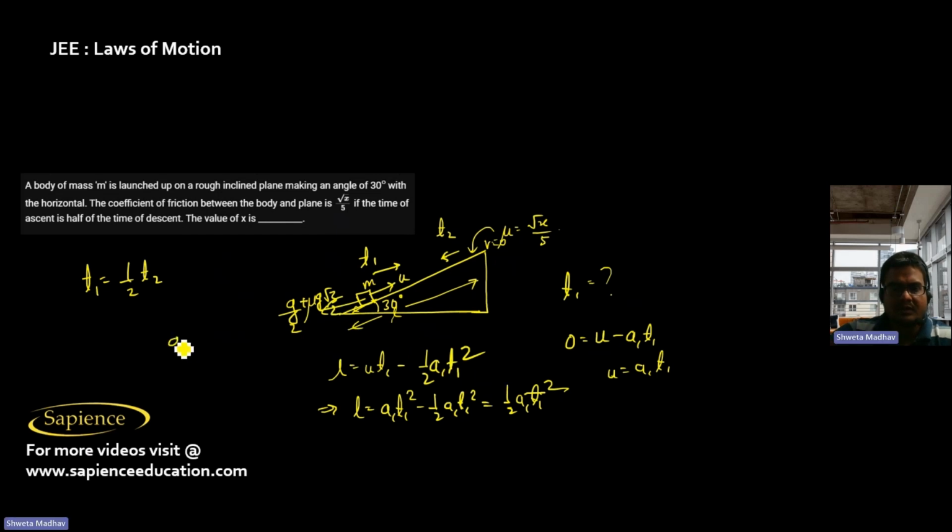So here a1 is equal to g by 2 into 1 plus root 3 mu. And a2 while it is coming down, the acceleration is g sin theta, that is g by 2, so a2 is equal to g by 2 minus mu mg cos theta, that is mu g root 3 by 2.